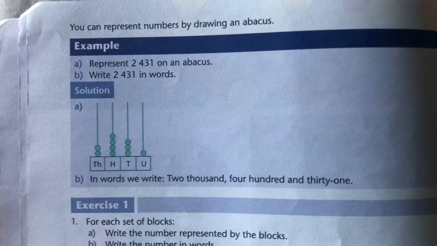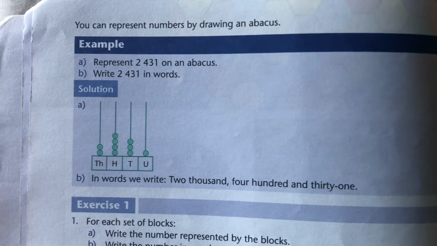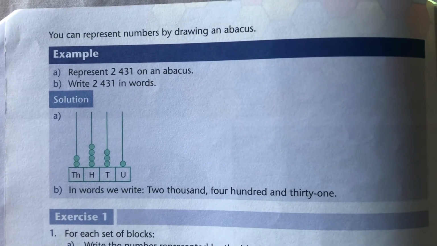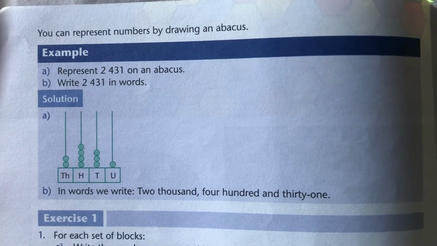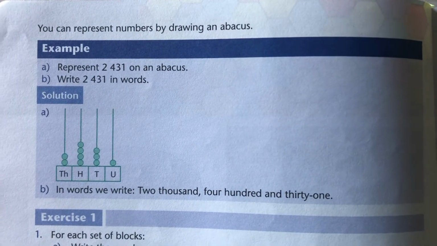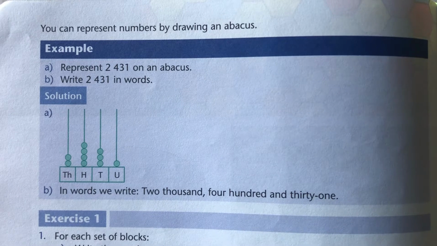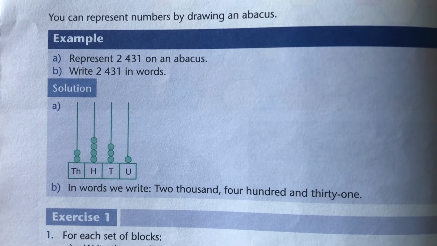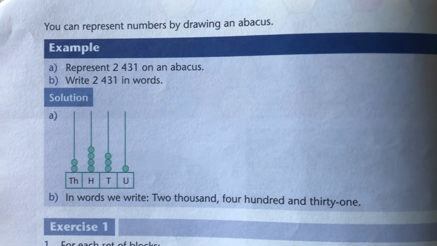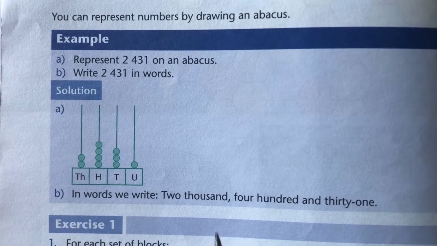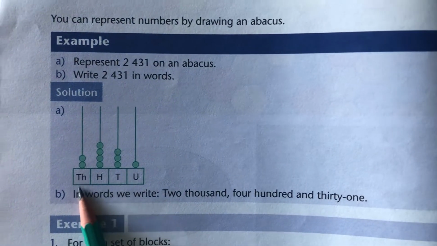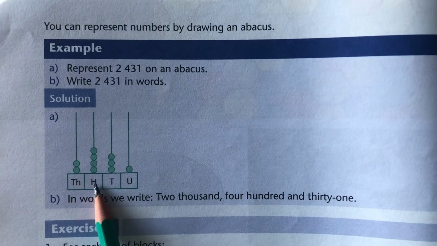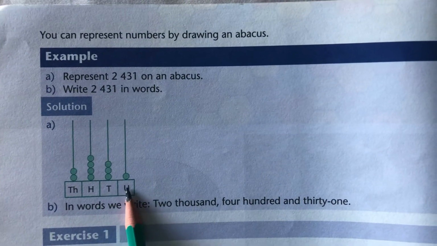There is an example at the top of the page of an abacus. Now, I know you've probably used an abacus when you were in grade R or grade double R, even grade 1 probably, where you use beads to show the columns and how many are in each column. So let's have a look at this abacus. We've got the thousands column, the hundreds, the tens, and the units.